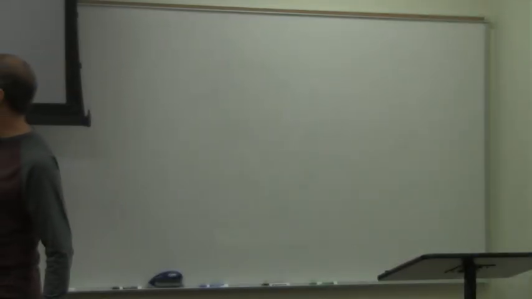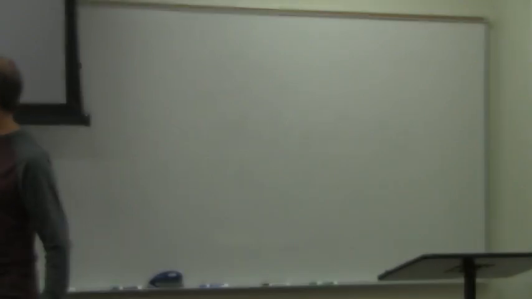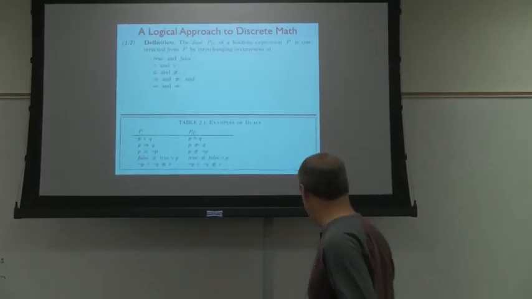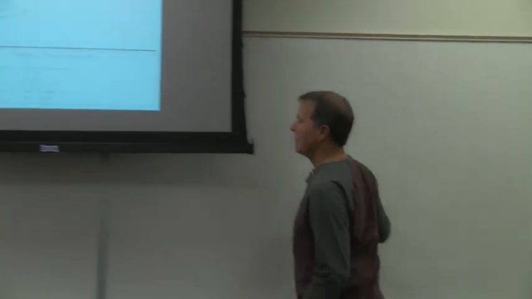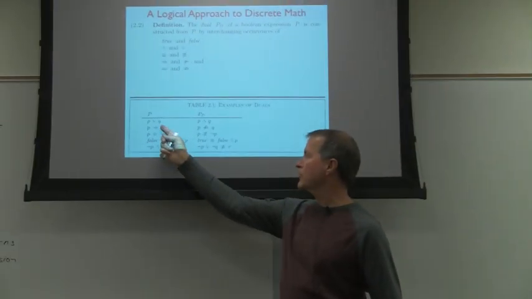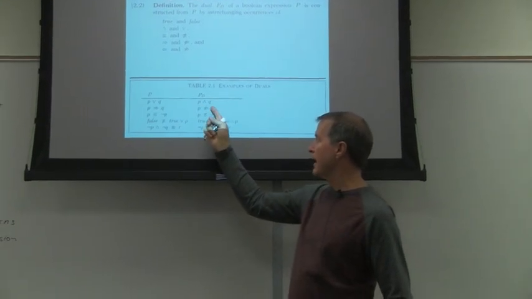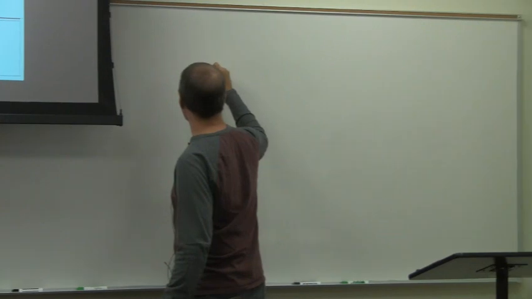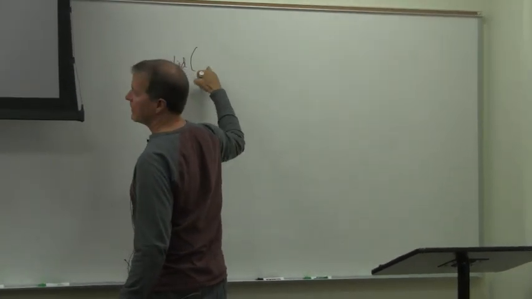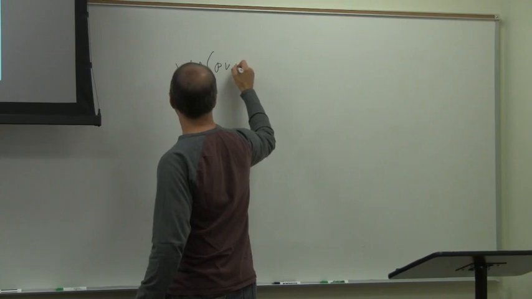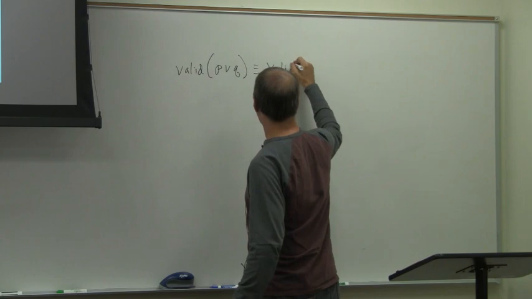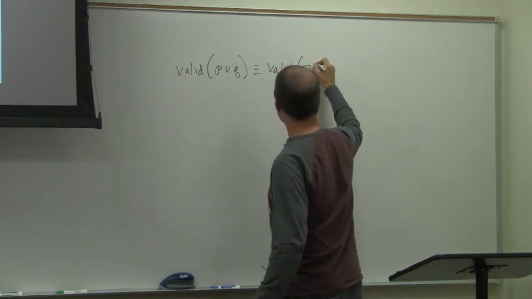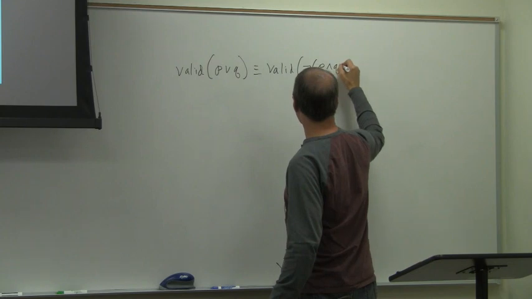Okay, let's do this one: P or Q. If P or Q is the expression, the dual of the expression is P and Q. Now watch, let's do an example. P or Q valid is equivalent to valid not P and Q.